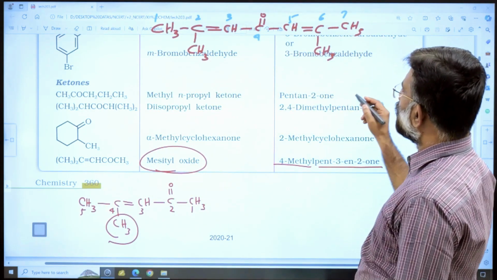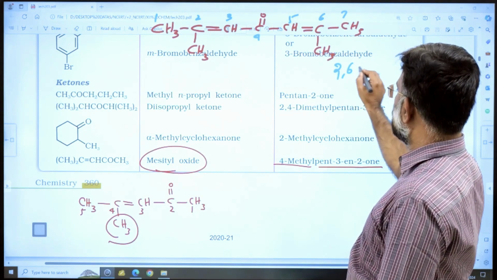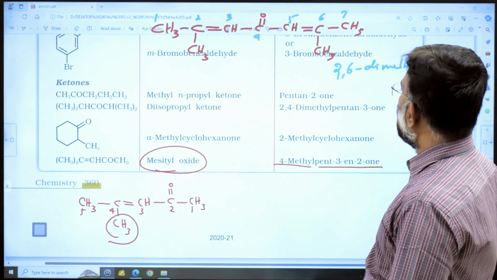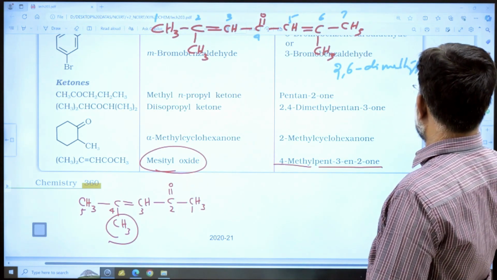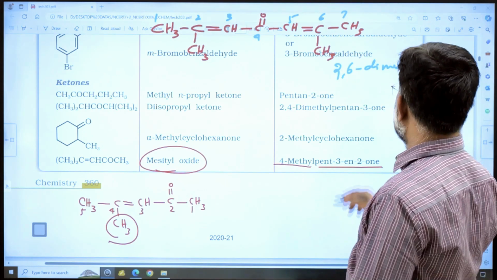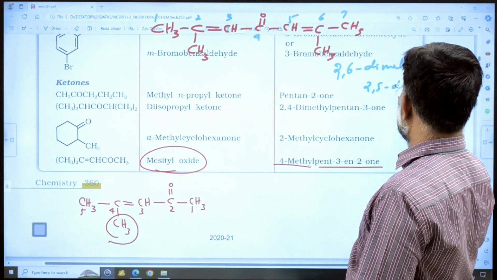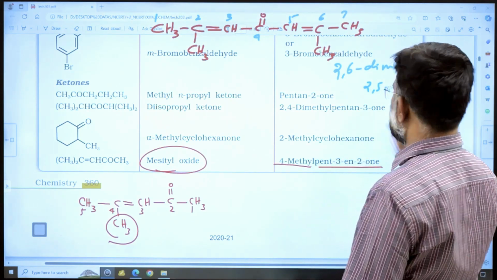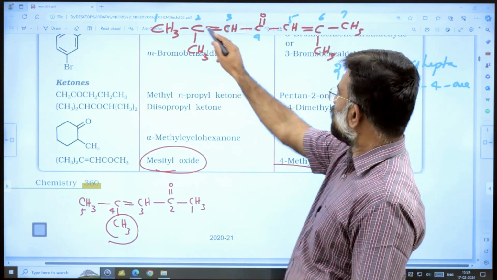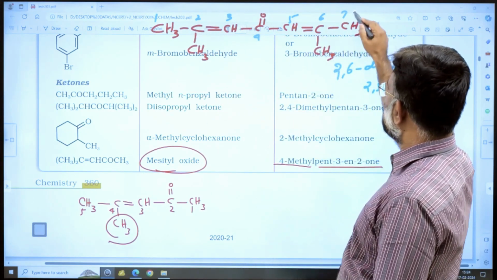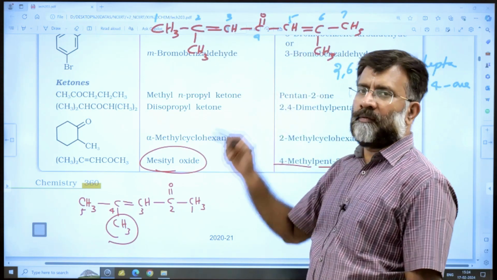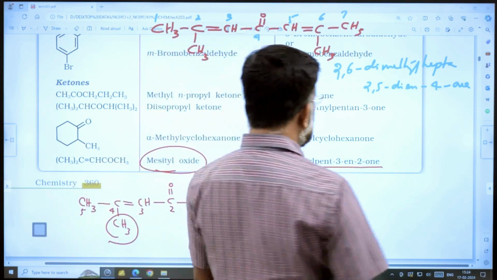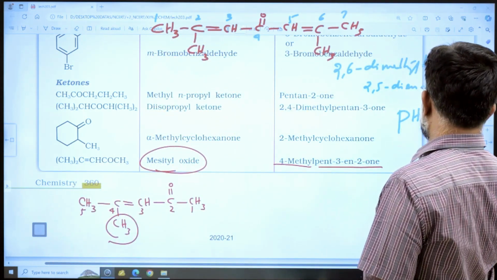So it is 2,6-dimethyl hepta-2,5-dien-4-one. That is the name. That is the molecule, a very famous molecule also called phorone.